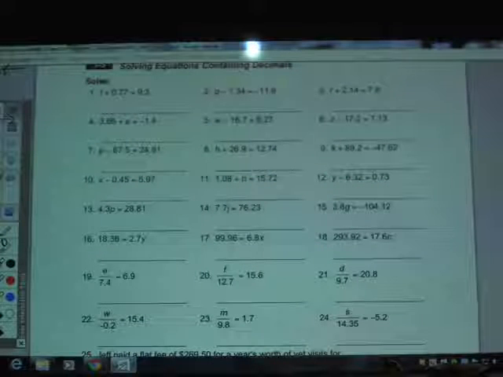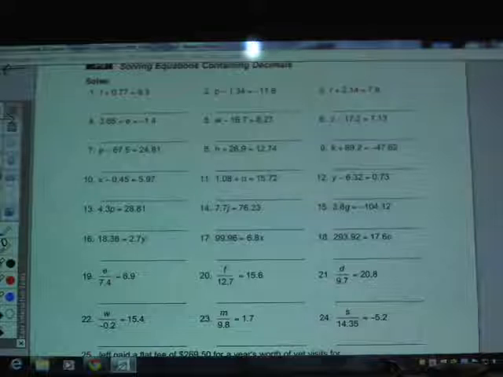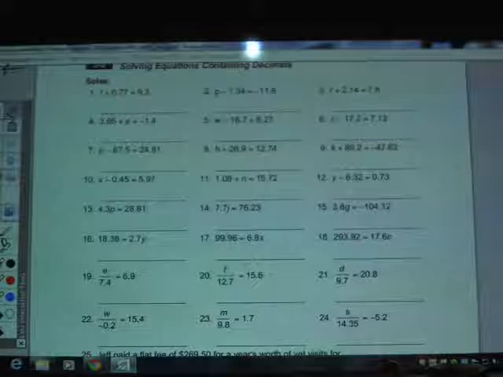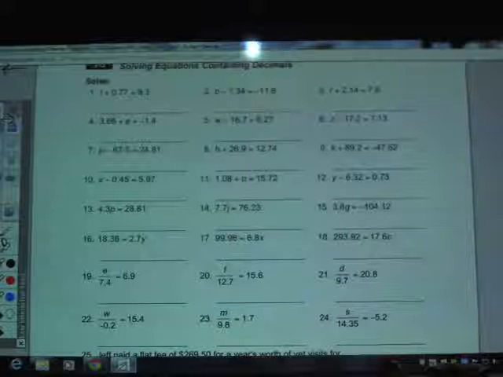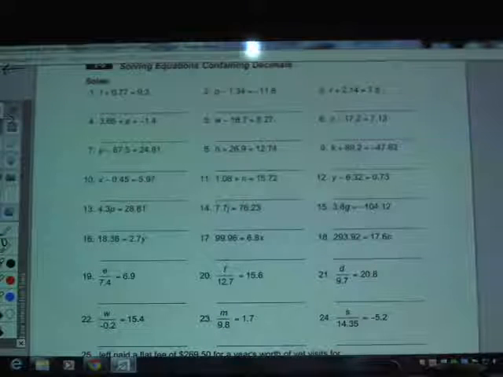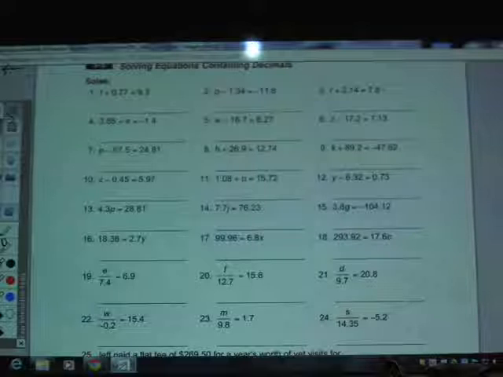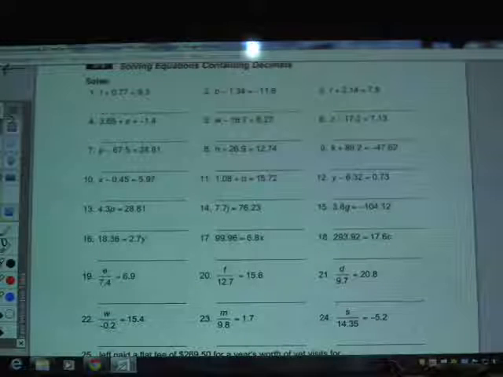All right, we're going to go ahead and jump down now and take a look at 16 to 21. As you can see, the difference here is these are multiplication and division equations. One of the other things that's very noticeable here, looking at 16 and 17 and 18, unlike the top 9 questions that we just worked on, in all of these, the variable is on the wrong side to begin with.